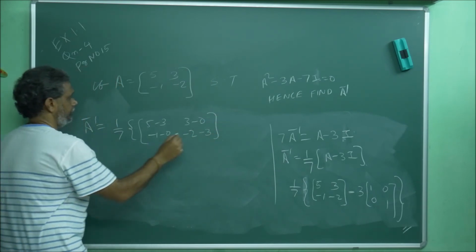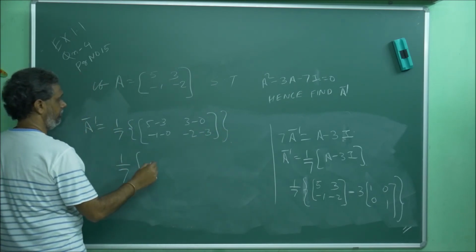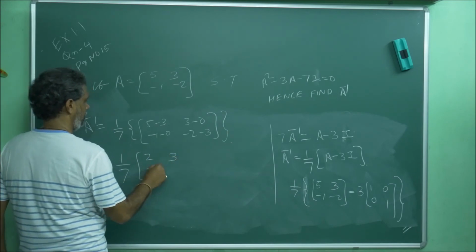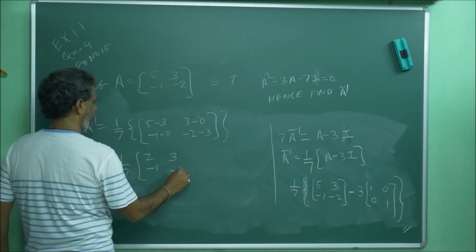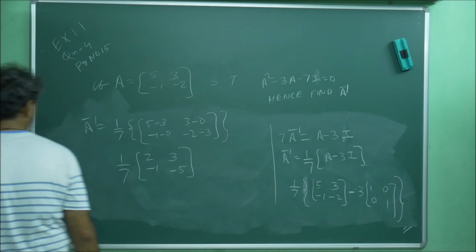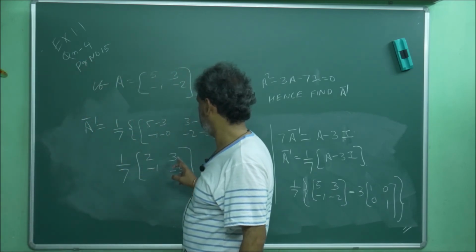So 1 by 7 times: 5 minus 3, 2; 3 minus 0, 3; minus 1; minus 5. Check. See, here A inverse is equal to what I got: 1 by 7, 2, 3, minus 1, minus 5.